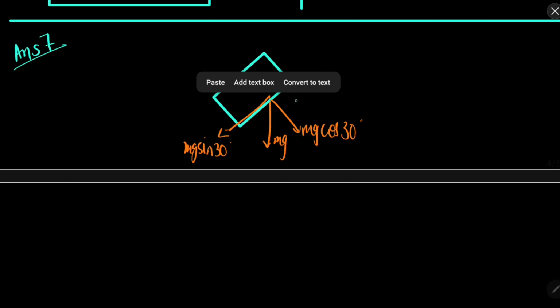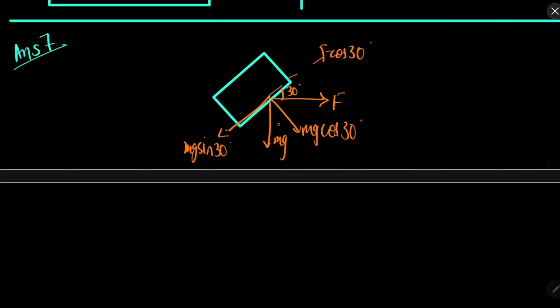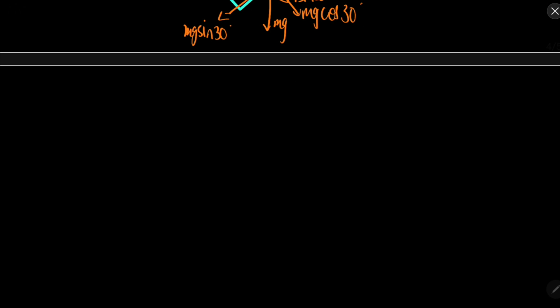Now the force is like this, horizontal force F. This will be 30 degree, so this will be F cos 30 degree, and there will be a component here which will be F sin 30 degree. This will be the normal force R. So this is the situation that we have now.